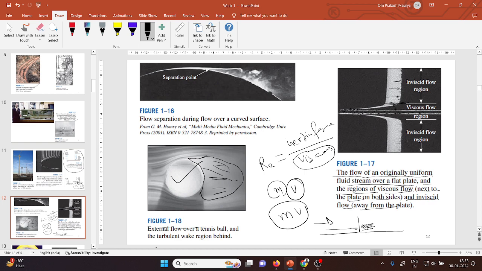If you search on Google and see the wake region behind the bridge pier, you will see all the phenomena. The scouring phenomenon is happening here. If you know this, you will design your bridge pier and whatever else you want in a proper way, so you can minimize the failure and optimize the cost.